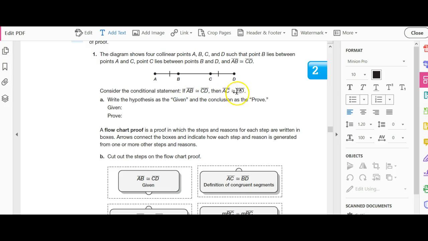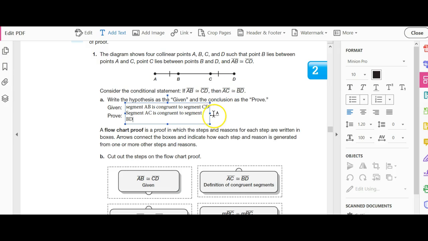here, right? So we would say segment AB is congruent to segment CD, and then our proof statement would be segment AC is congruent to segment BD.